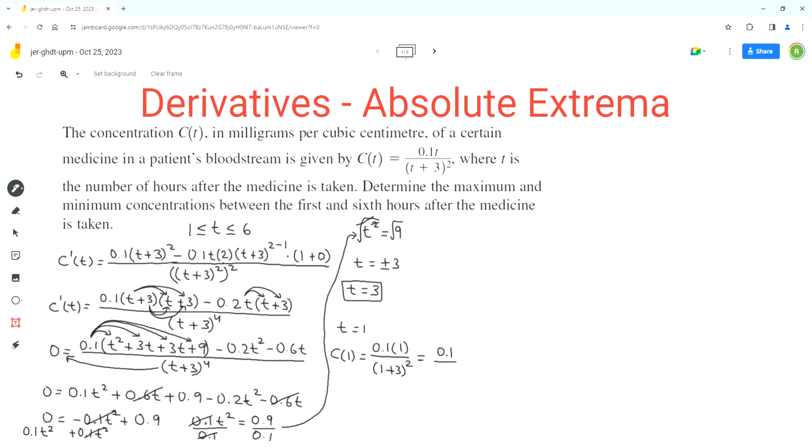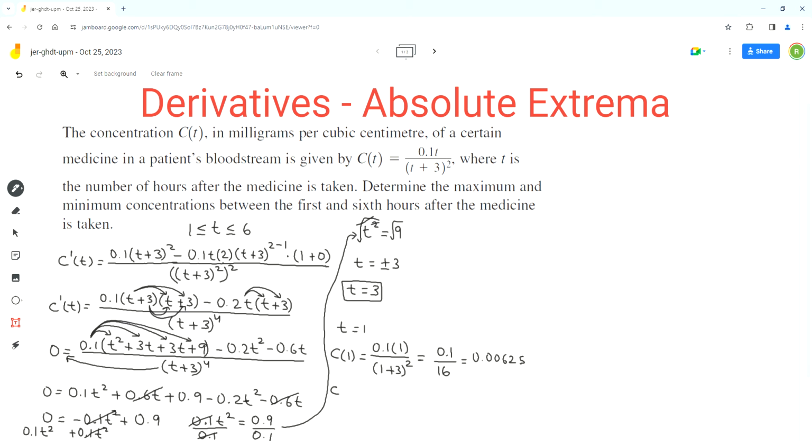Now 1 plus 3 is 4, and 4 squared is 16. And 0.1 over 16 is equal to 0.00625, and this is the value of the concentration at t equals 1 hour.